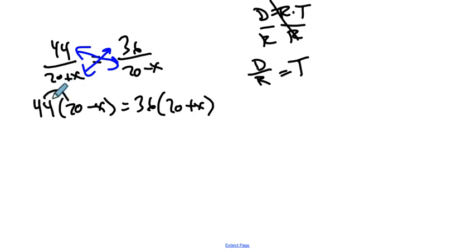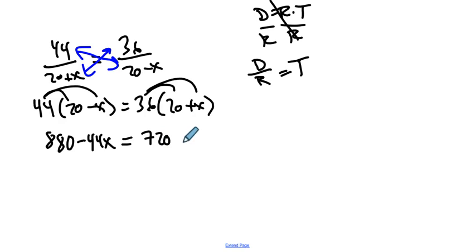Sweet. So if I distribute the 44, I'll get 880 minus 44x. Distribute the 36, and I'll get 720 plus 36x.